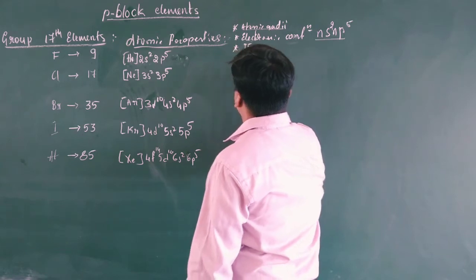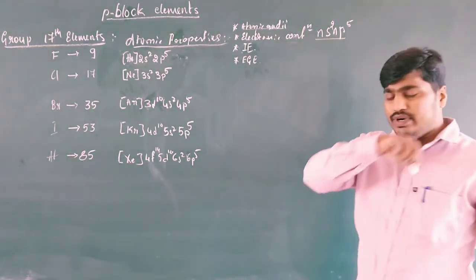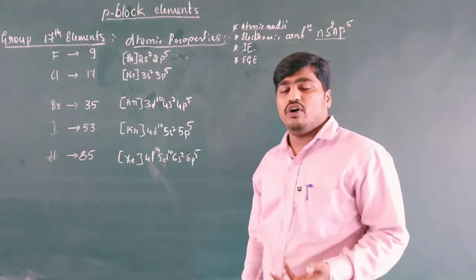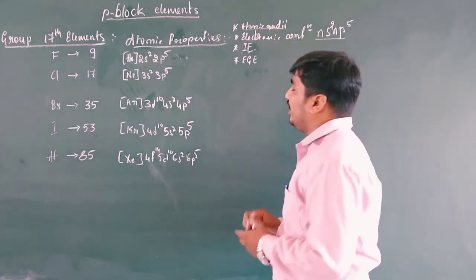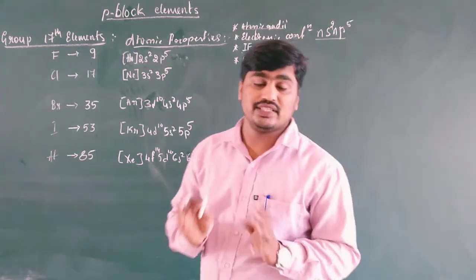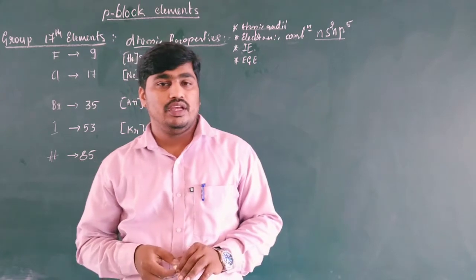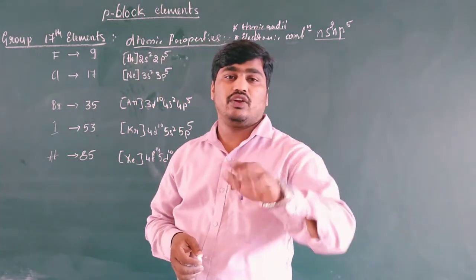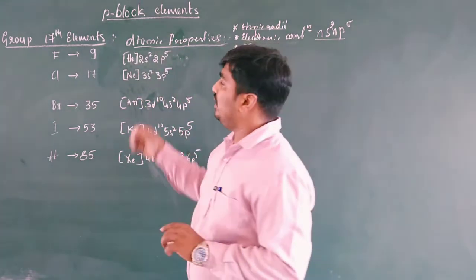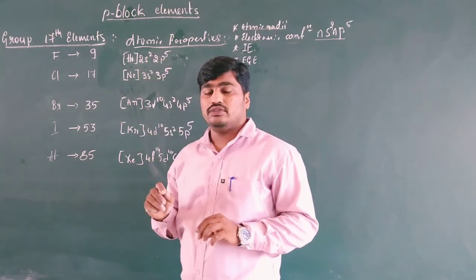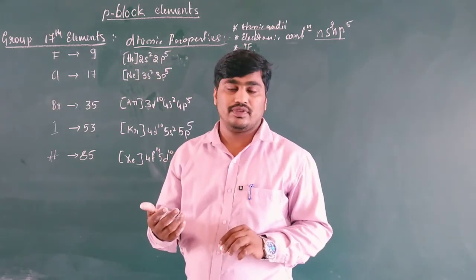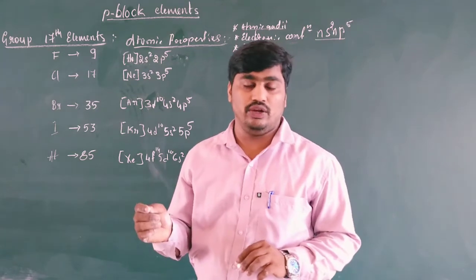What is the electron gain enthalpy of these elements? First of all, what is electron gain enthalpy? It is the energy released when an electron is added. When we add an electron to fluorine, some quantity of energy is released, which is measured as a negative value.